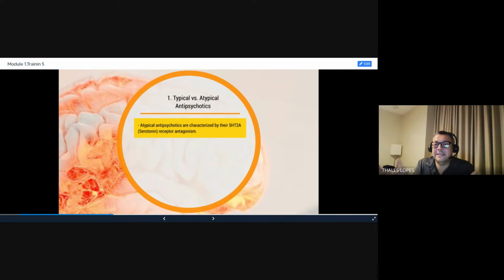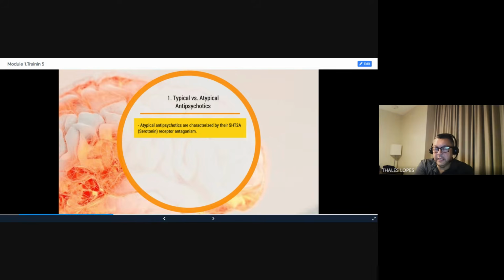So what is that something? It is the 5-HT2A, right, which is your serotonin antagonism. Because it's bringing something, it has to be beneficial, right? Well, yes, but nothing comes without a cost.